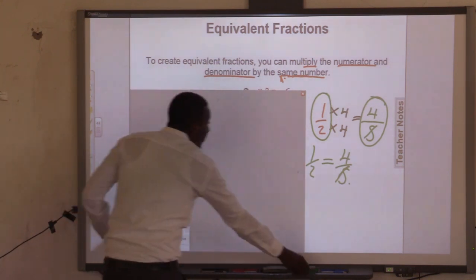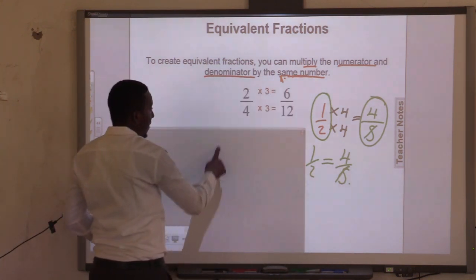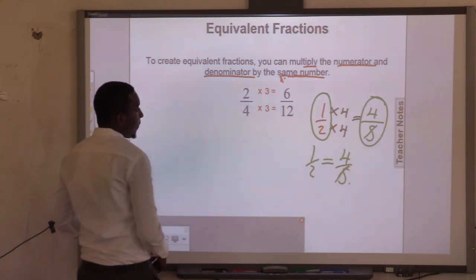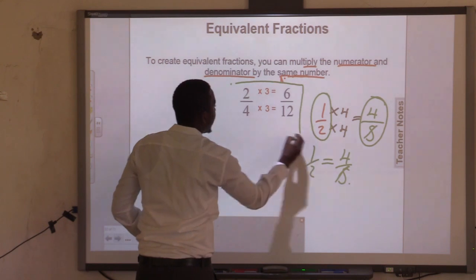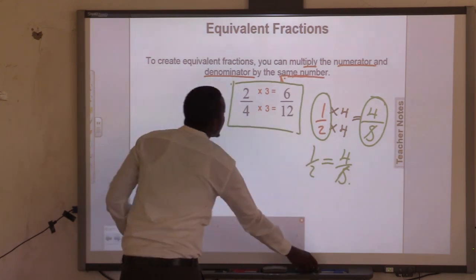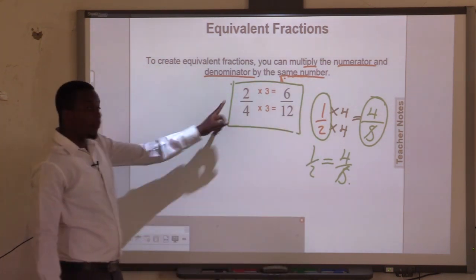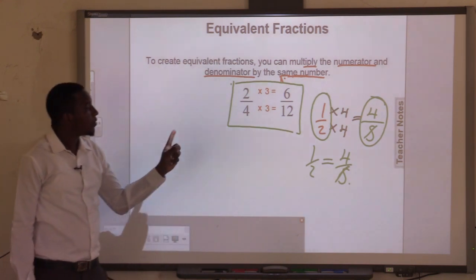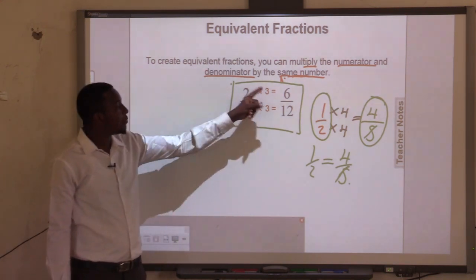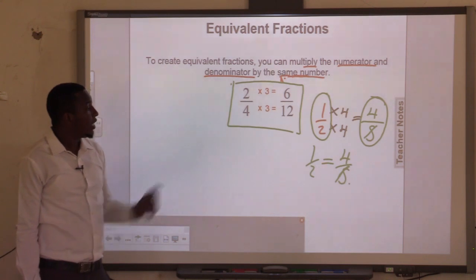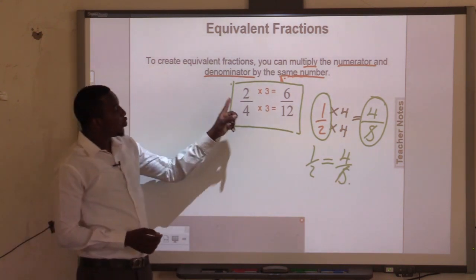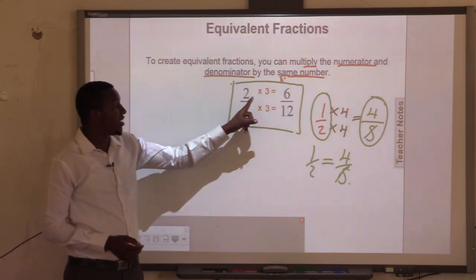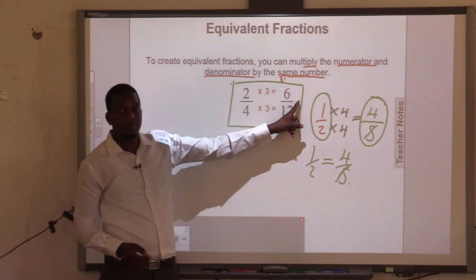Let's try to see what we have here. We have 2/4, and the numerator is multiplied by 3. Equally, the denominator is multiplied by 3. When you multiply 2 by 3, that is the numerator by 3, the answer is 6.